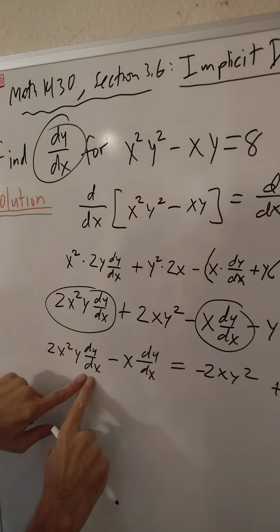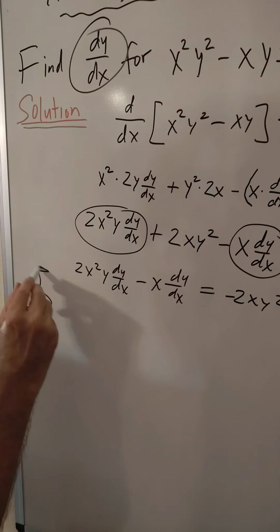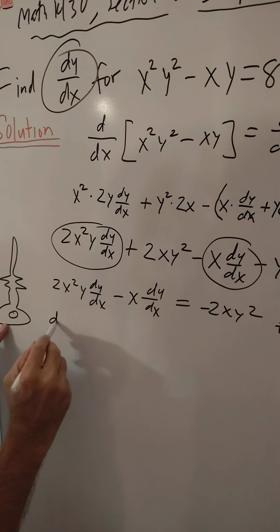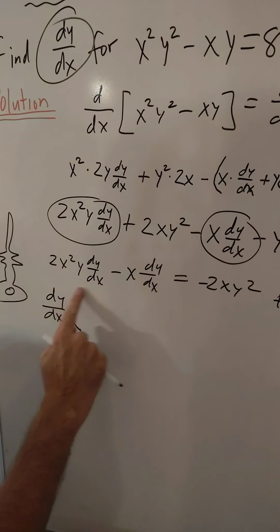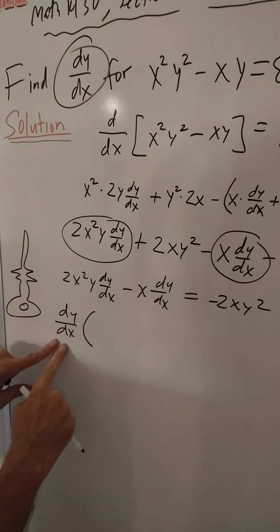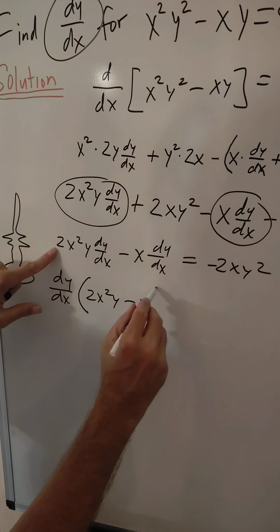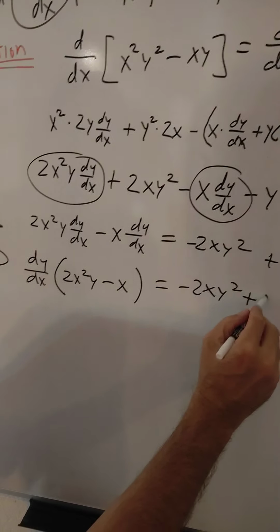So to get dy/dx by itself here, here's the key step. The key is doing this, factoring out the dy/dx from both of these terms on the left-hand side to isolate. So I get dy/dx times 2x squared y minus x, and that's going to equal the negative 2xy squared plus y.